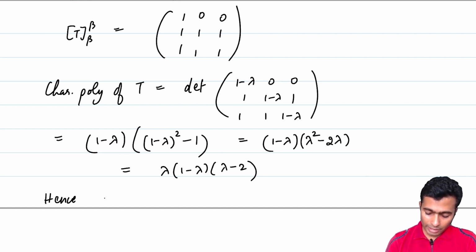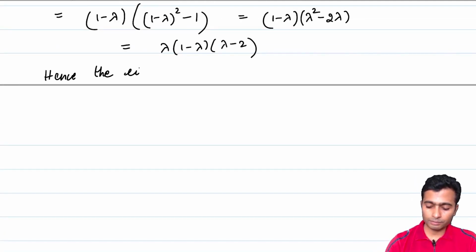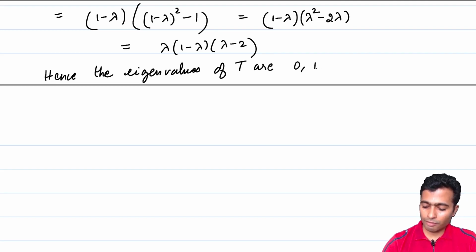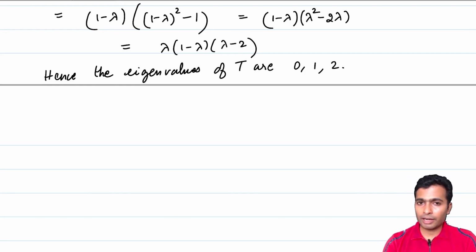Hence, the eigenvalues, which are the roots of the characteristic polynomial of T, are 0, 1 and 2. Notice that there are three distinct eigenvalues of T, and the dimension of P2(R) is also 3.